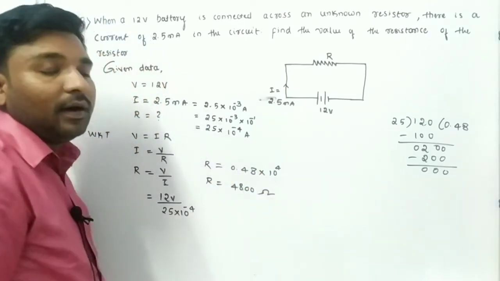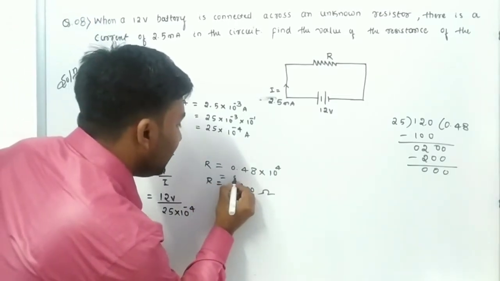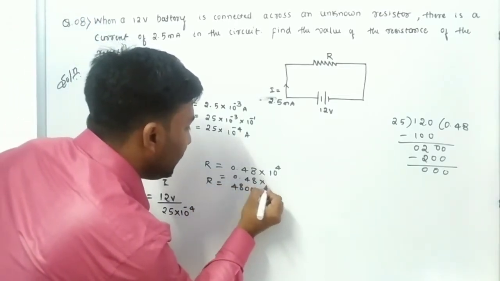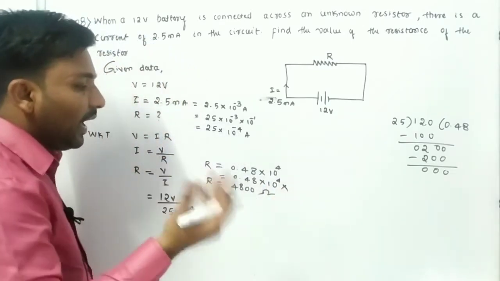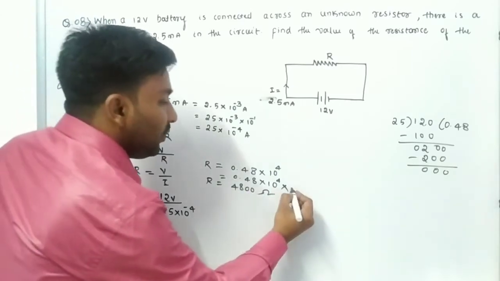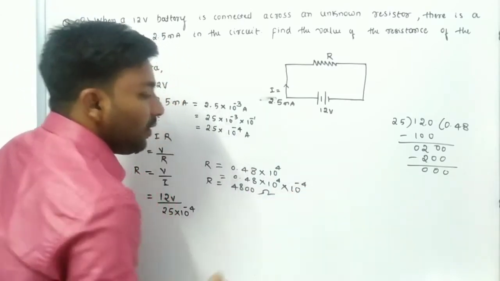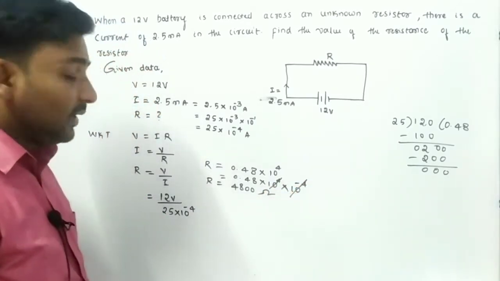It means I have to multiply with 10 raised to minus 4. So let me write this: 0.48 into 10 raised to 4 as it is, and since I have shifted the point 4 digits, I need to multiply with 10 raised to minus 4. The 10 raised to plus 4 and 10 raised to minus 4 get cancelled together.